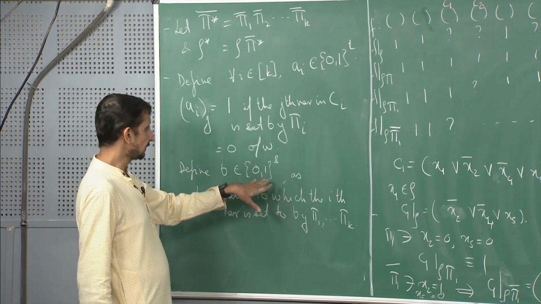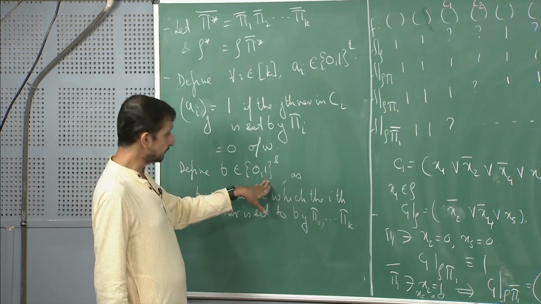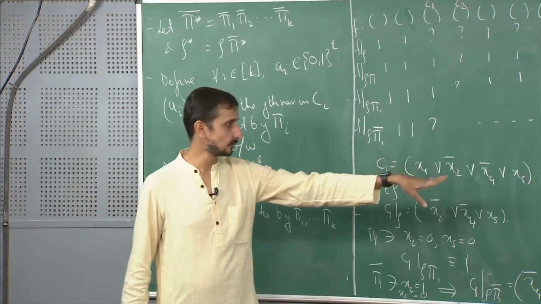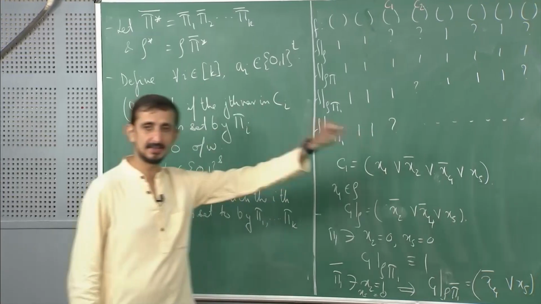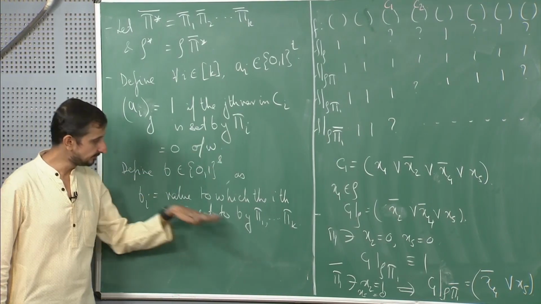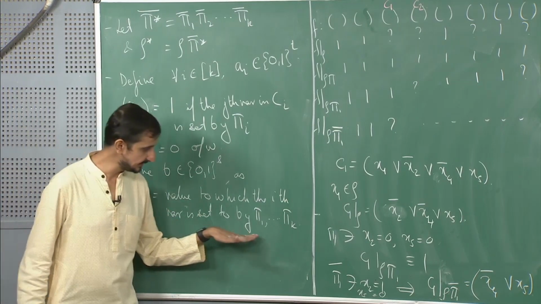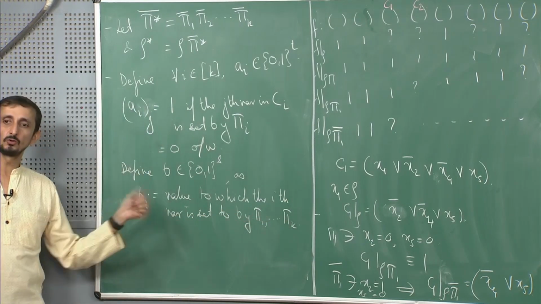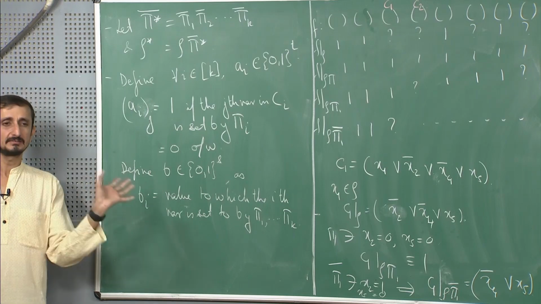So, note that we are fixing a total of s variables. Okay. So, we had chosen pi_1 up to pi_k such that a total of s many variables were getting fixed. So, b_i is basically the value to which these restrictions are fixing those s variables. Okay. So, the exact value.